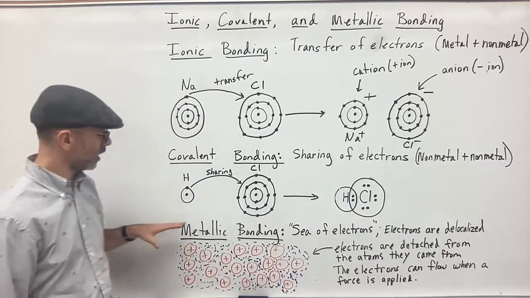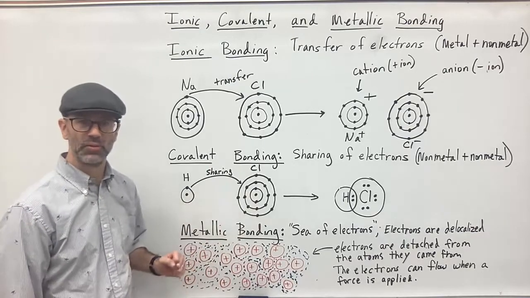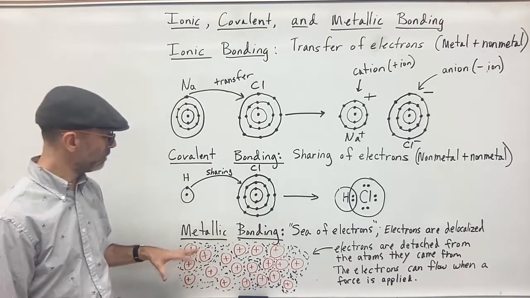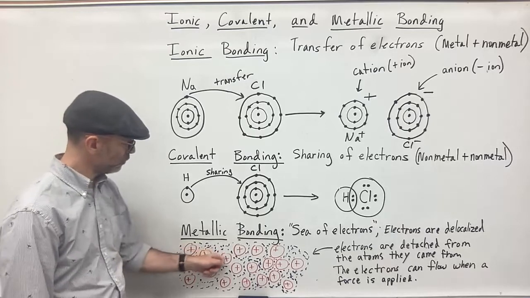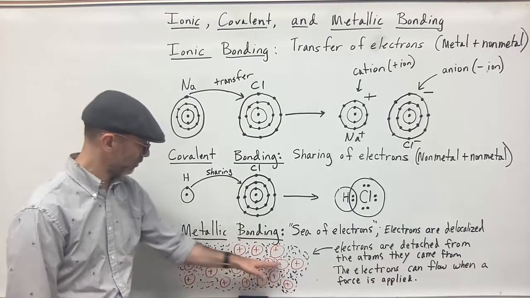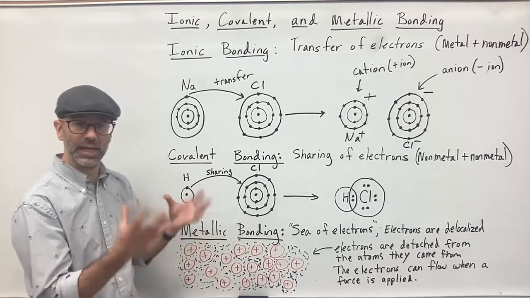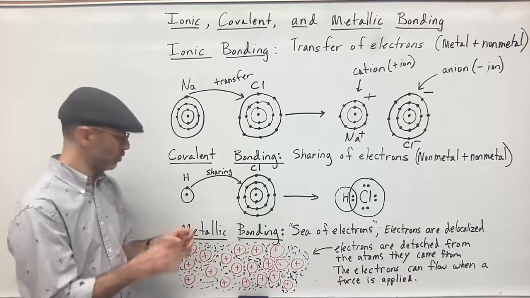And finally, let's talk about metallic bonding. Metallic bonding is a whole new beast altogether. So here you have the positive nuclei of the atoms. Here I have in red the positive nuclei. And of course, you have the electrons surrounding the nuclei.